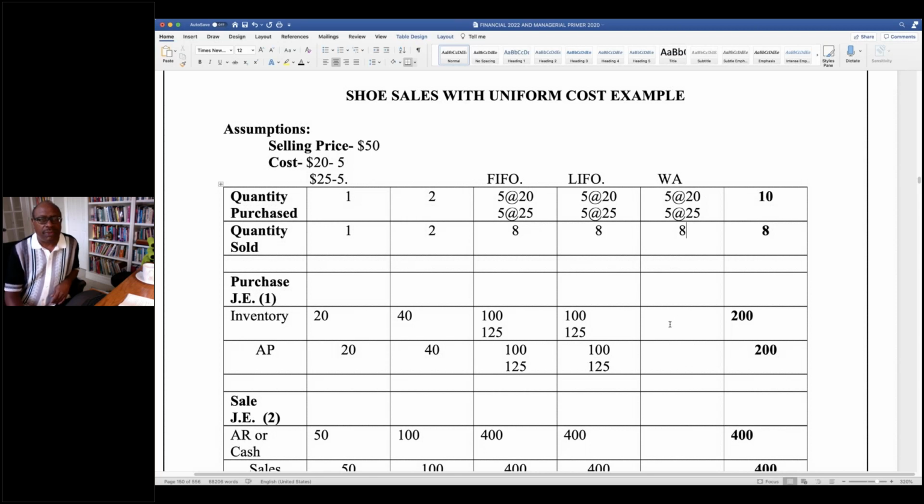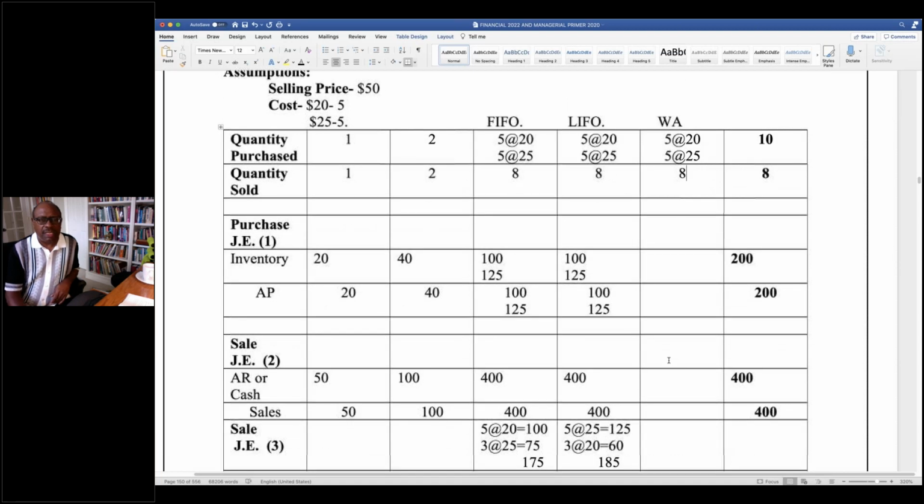Okay. Now, when we go to weighted average, we still have 5 at 20, 5 at 25, and we're selling 8. Now, let's see if we do it this time. It will not let me put the stuff in here for some reason. Anyway, this journal entry is going to stay the same.